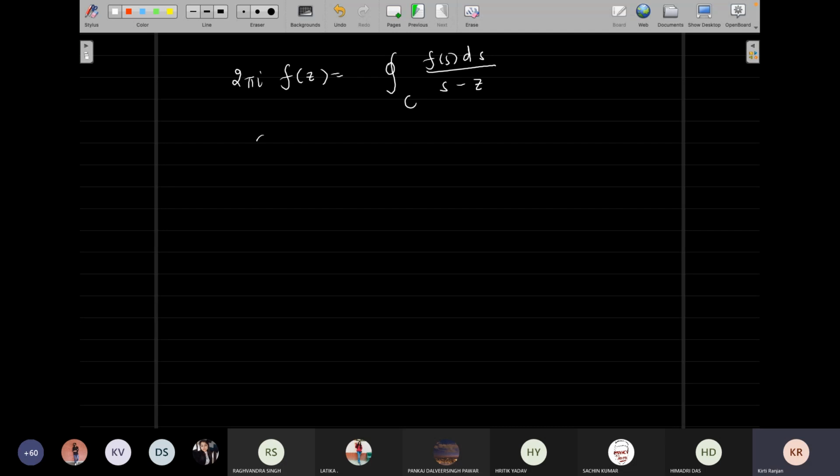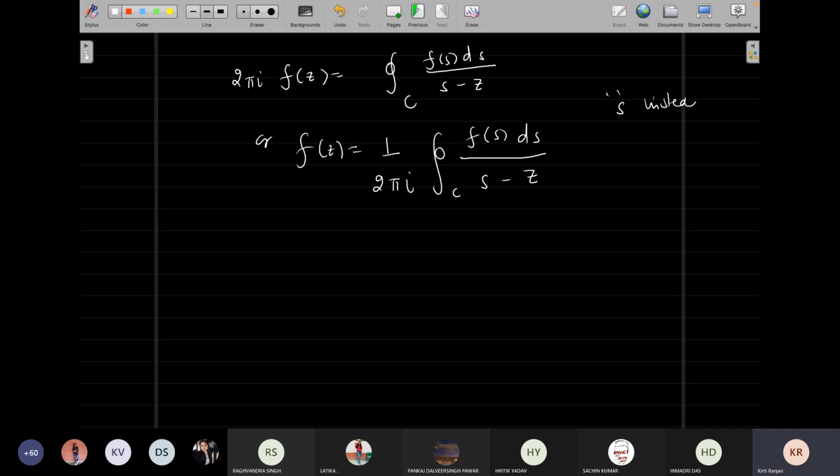Writing f(z) as equal to 1 over 2 pi i times the integral of f(s) over s minus z, ds. Wherever my handwriting goes beyond legibility, you just remind me. I have used s instead of z because in principle I am always doing a dummy integral.